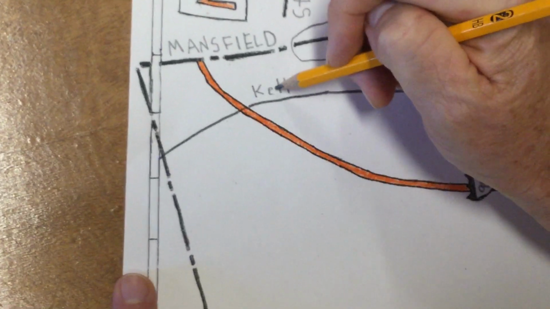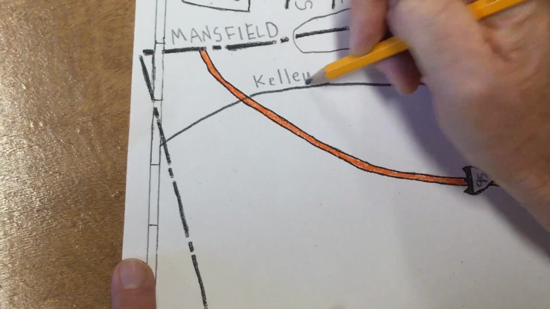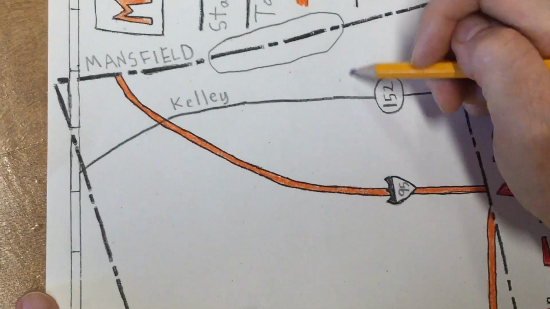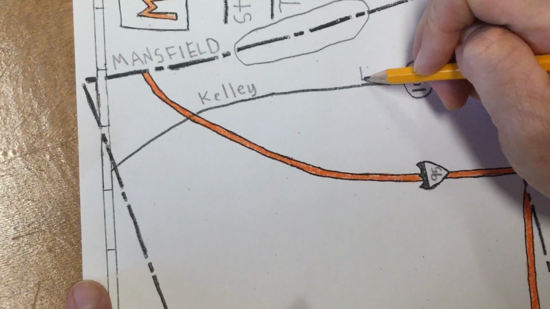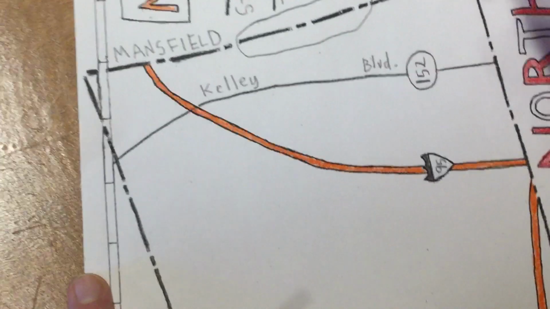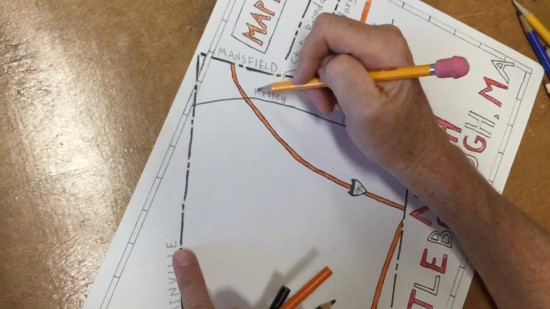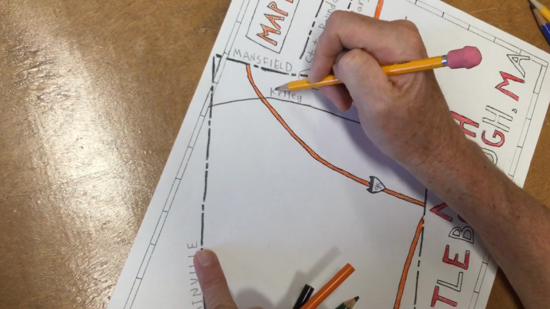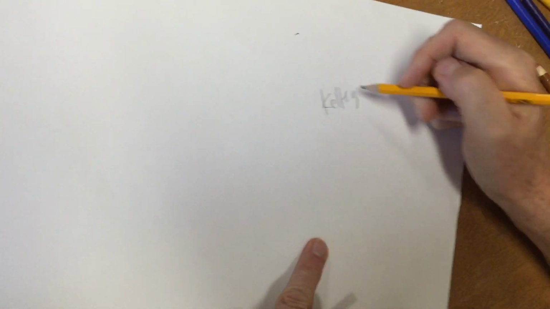Now it's not K-E-L-L-Y, it's E-Y. And Boulevard, you can abbreviate B-L-V-D. Notice how I'm trying to make my letters as neat as possible too. It wouldn't be good if I wrote Kelly in my everyday writing.